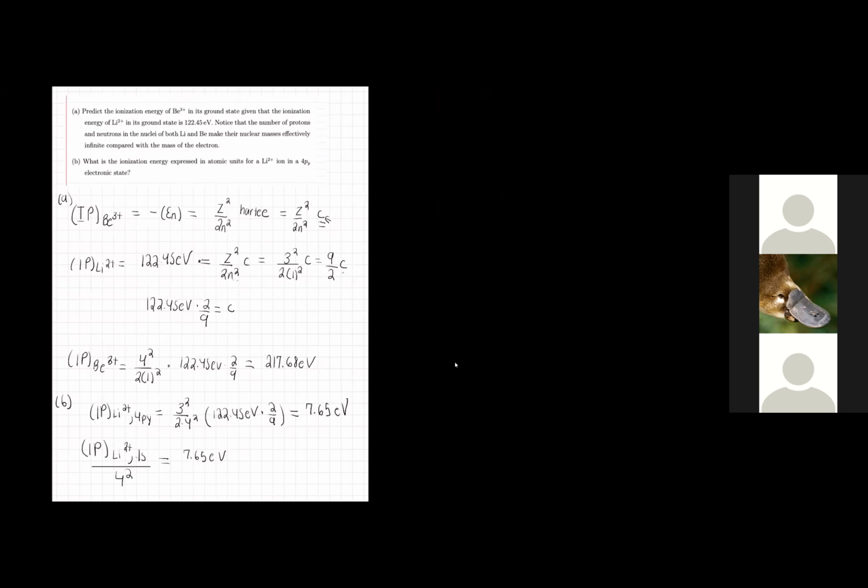If n was 2, you then have to divide by 2 squared again? Yeah, you divide by 2 squared, because 2 squared times 2 squared equals 4 squared, which is what you want. That's 122.45 divided by 16. Yeah, that checks out.